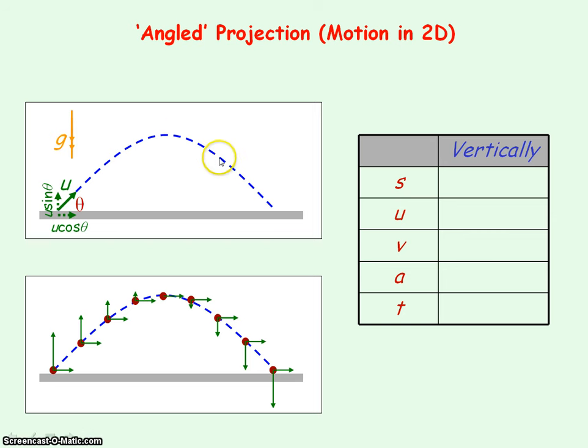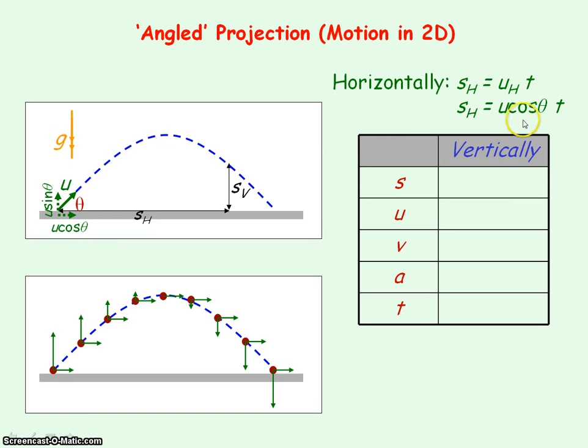And at any given time, the ball will have moved horizontally with a displacement of s_H and vertically with a displacement of s_V. And so to determine the horizontal displacement, we will use the equation for constant velocity. So s equals ut, and the horizontal velocity is given by u cos theta. So the horizontal displacement will be u cos theta multiplied by time t.